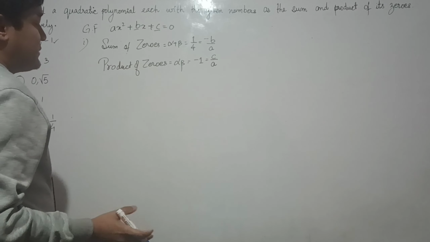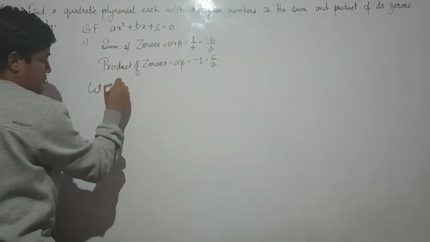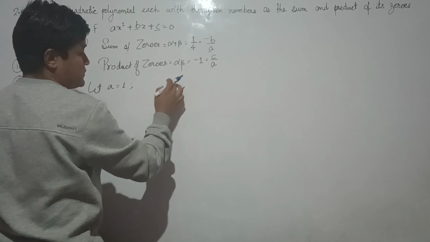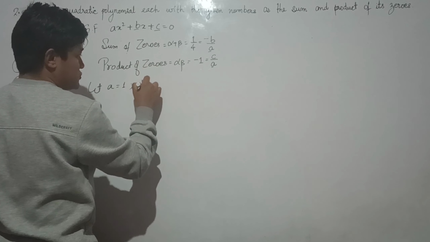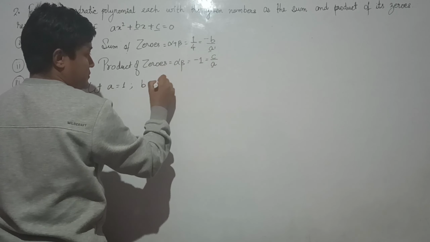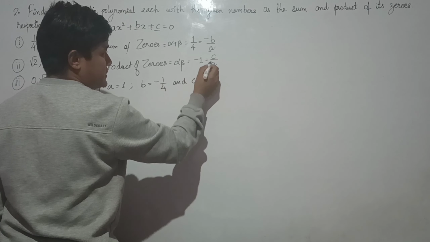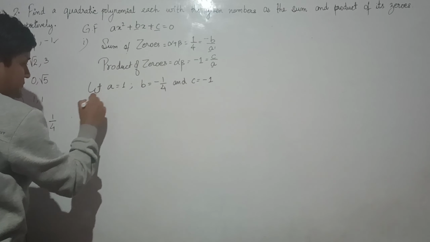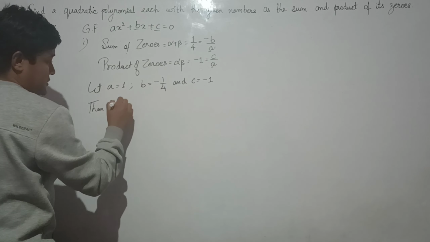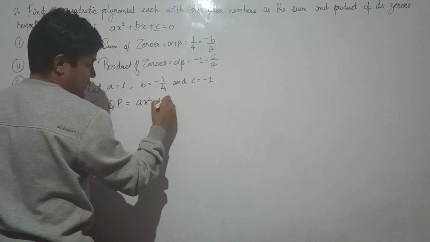Now what we are going to do, let a equals to 1. So if a is 1, then b equals to minus 1 by 4, and c equals to minus 1. Then polynomial equals to ax square plus bx plus c.